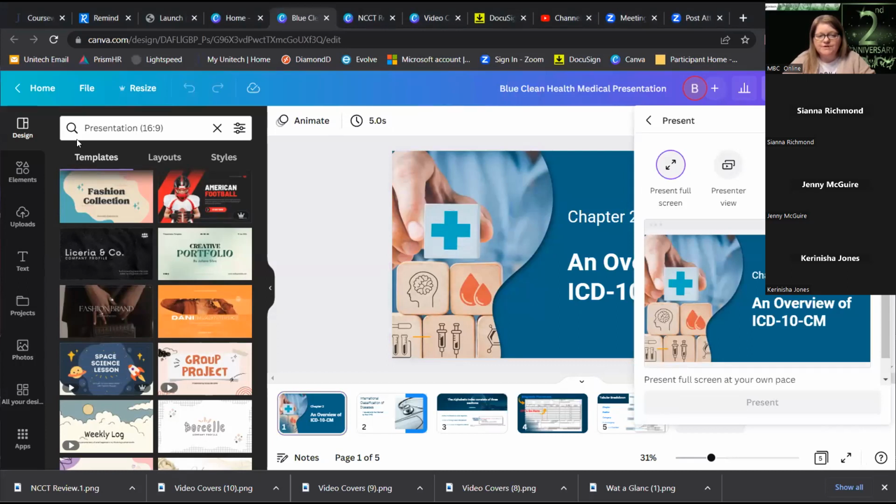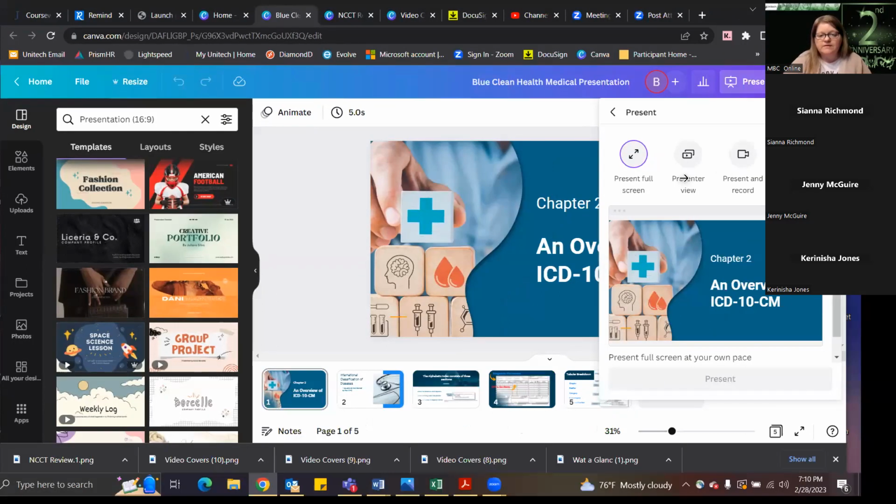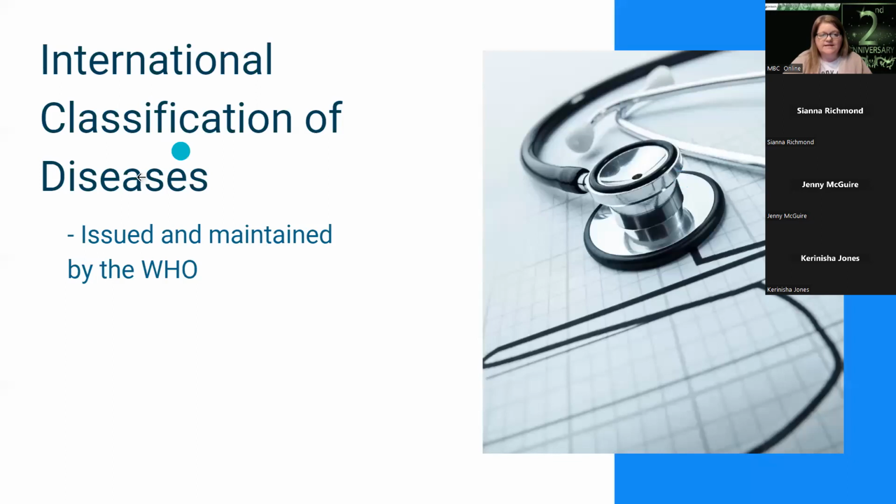Okay, so chapter 2 is an overview of ICD-10-CM. ICD-10 stands for the International Classification of Diseases, issued and maintained by the WHO, that's the World Health Organization, right? And this is international, global diagnosis codes.